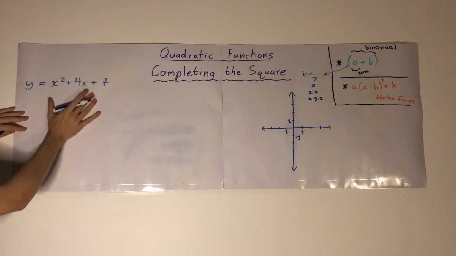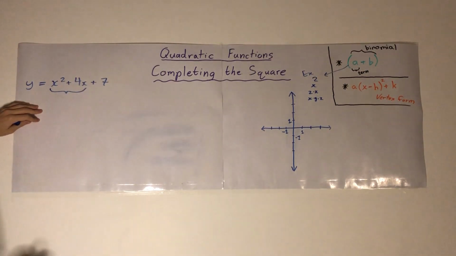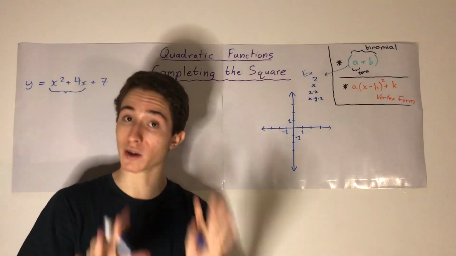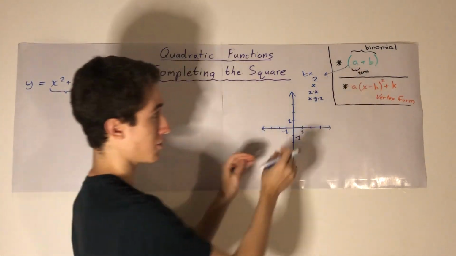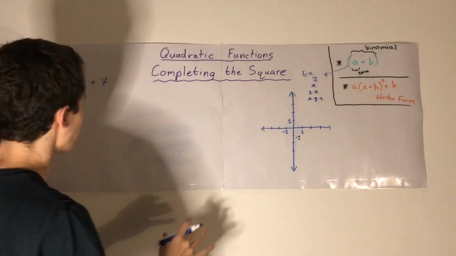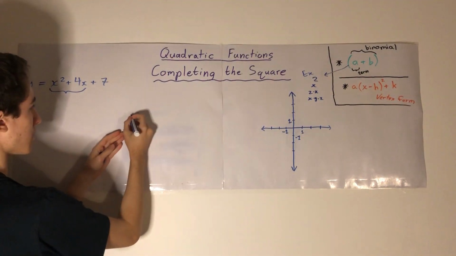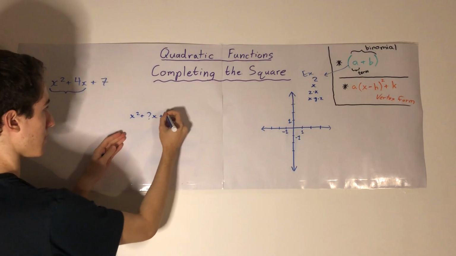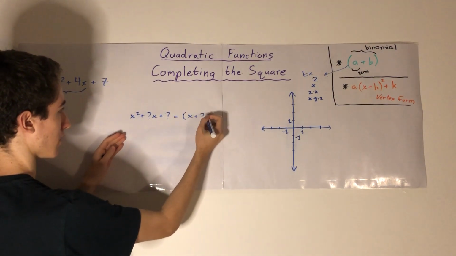First, we want to make this part of our quadratic function into a perfect square trinomial. And what is that? A trinomial, similar to a binomial, is the exact same thing, but you have three groups, three things that are added together. We want to have some x squared plus something x plus something that equals x plus something, squared.